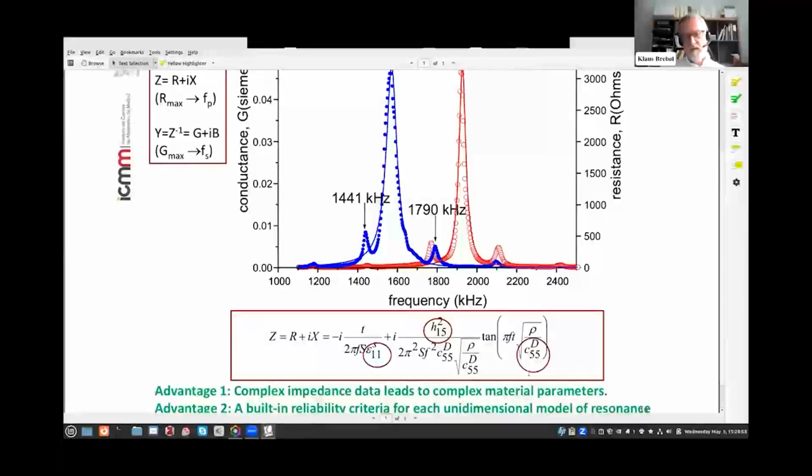And the impedance of this kind of resonance can be described by this equation. And from solving this numerically, from the measured impedance and this set of parameters, we can extract the dielectric parameter, the piezoelectric parameter, and the elastic parameter.